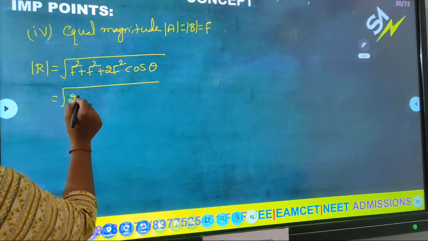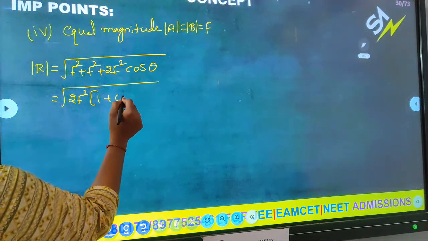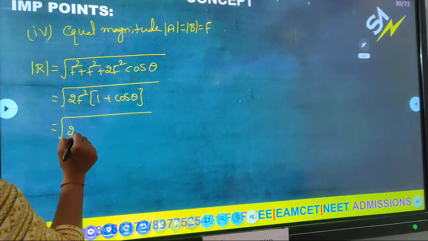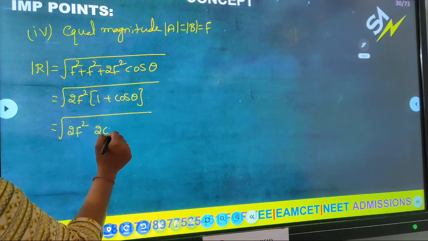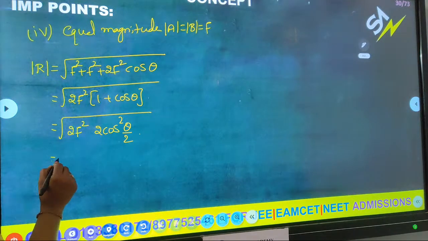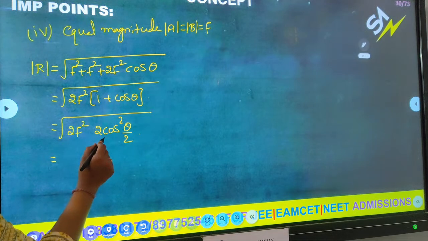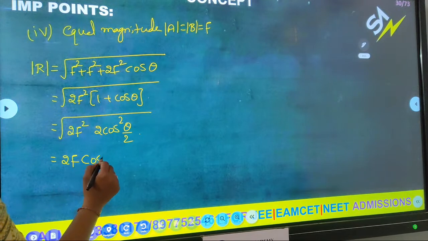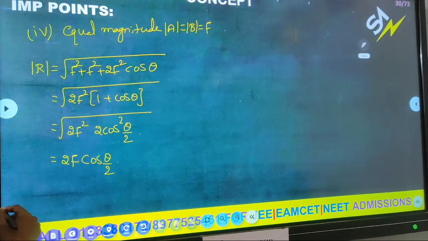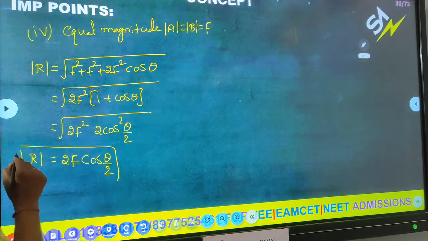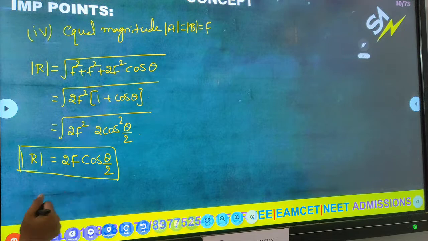This can be written as 2F square into 1 plus cos theta, and 1 plus cos theta is 2 cos square theta by 2, so it is equal to 4F square cos square theta by 2, whose root value is 2F cos theta by 2. So for vectors of equal magnitude, we can use this result to find their resultant, 2F cos theta by 2.